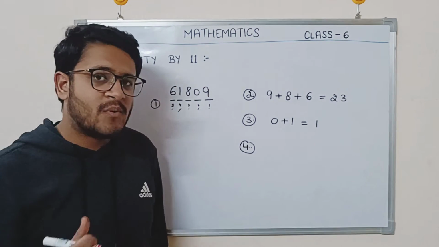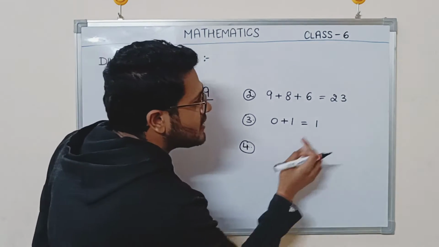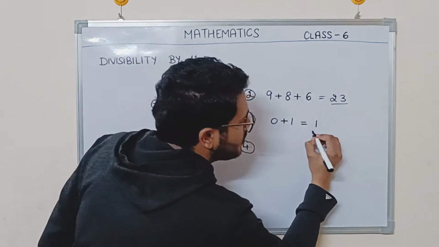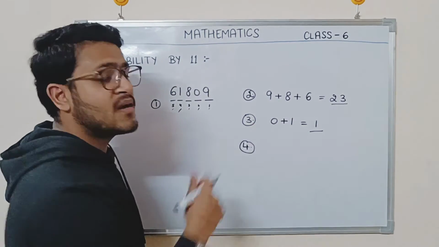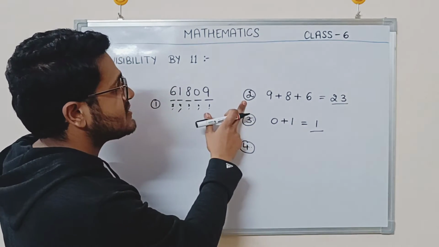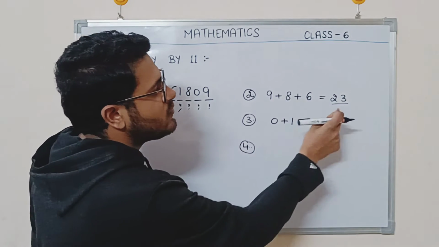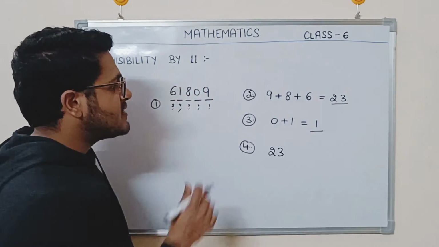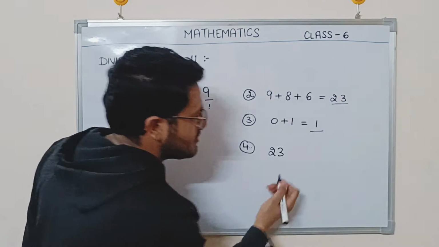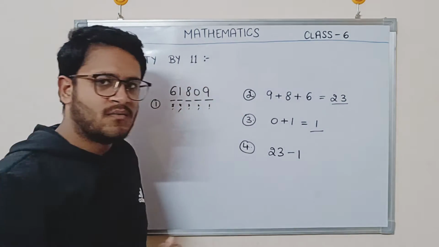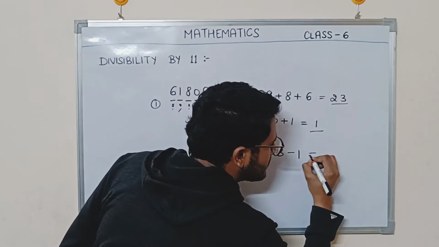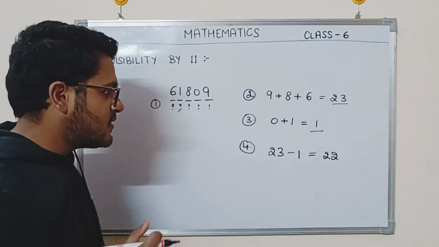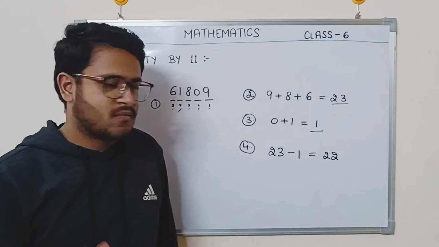We will take the difference of the sum we got at step number 2 and the sum we got at step number 3. In step number 2 we got the sum 23. In step number 3 the sum was 1. So 23 minus 1 is 22. So almost done.